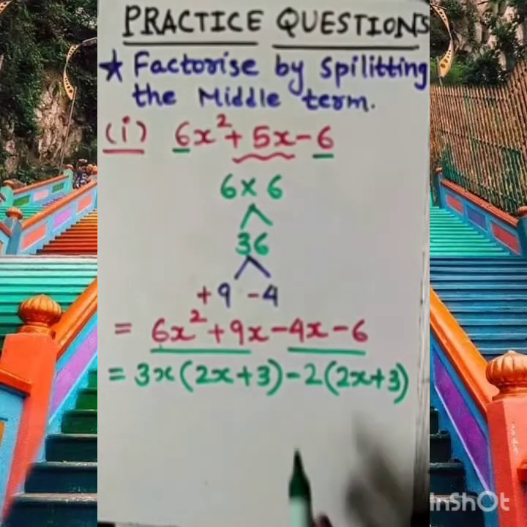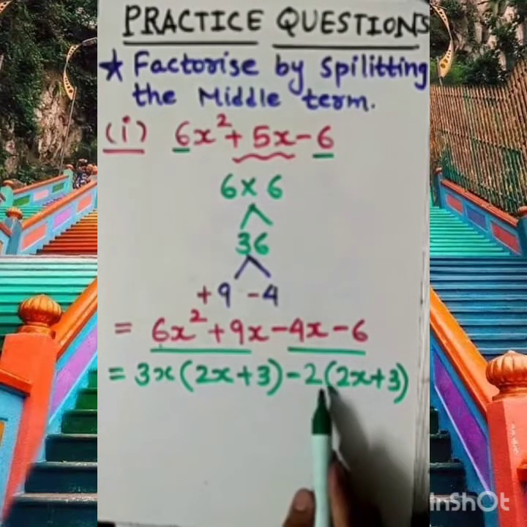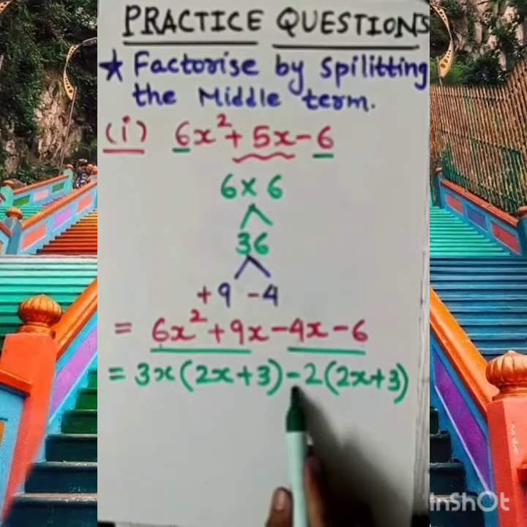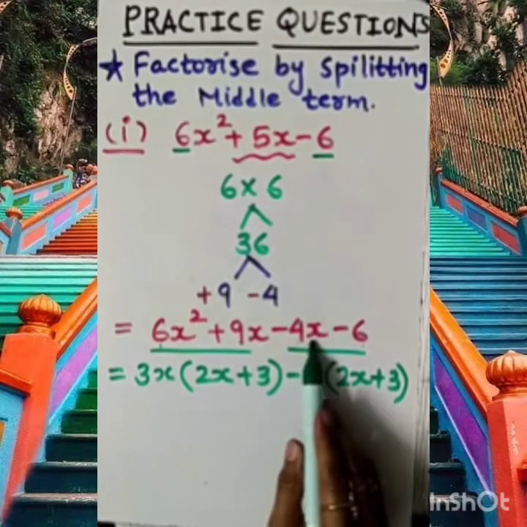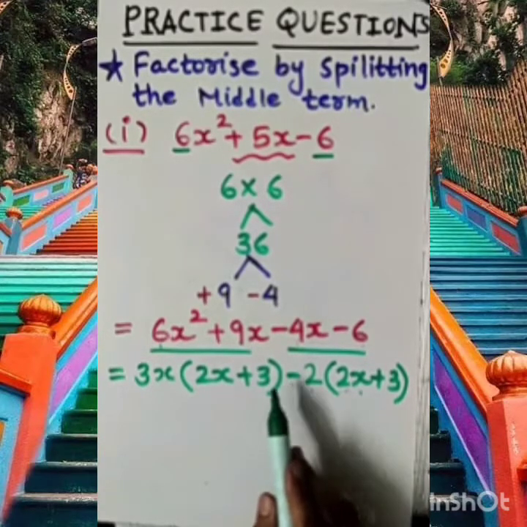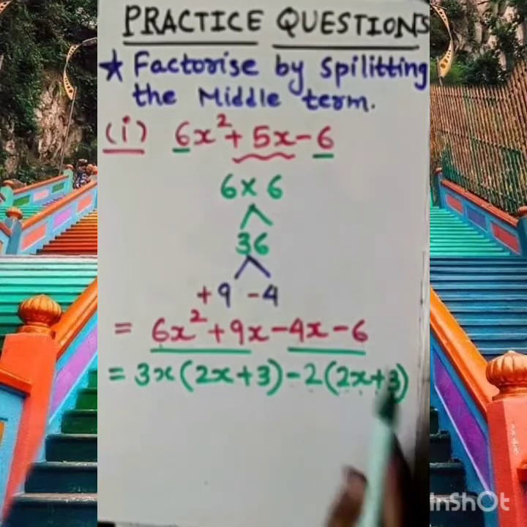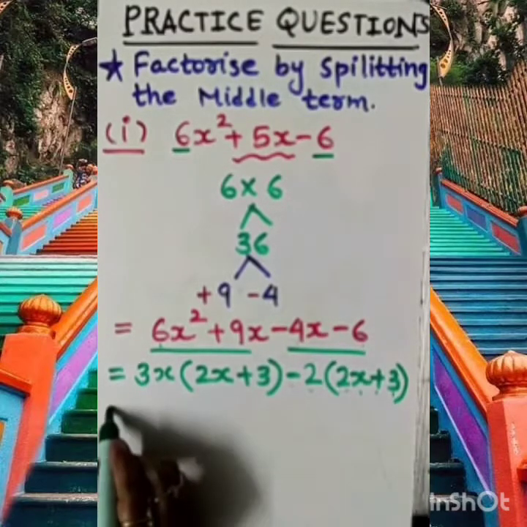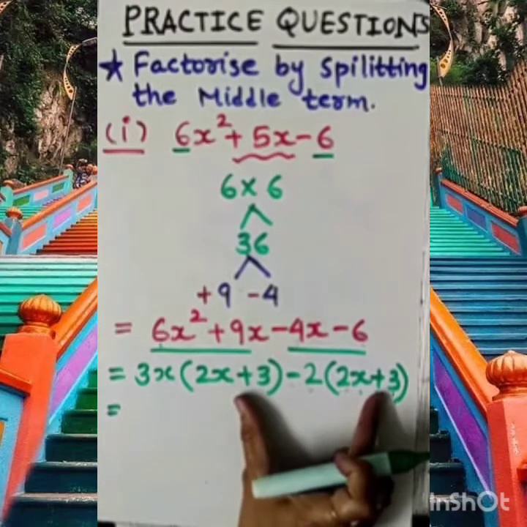Once again I am explaining, look at your screen. Here 2 is common: 2 twos are 4, 2 threes are 6. Inside the bracket 2 twos are 4, so 2x, and because of this minus sign the sign will be changed, 3 twos are 6. Now you can see, dear student, both of these brackets are similar.